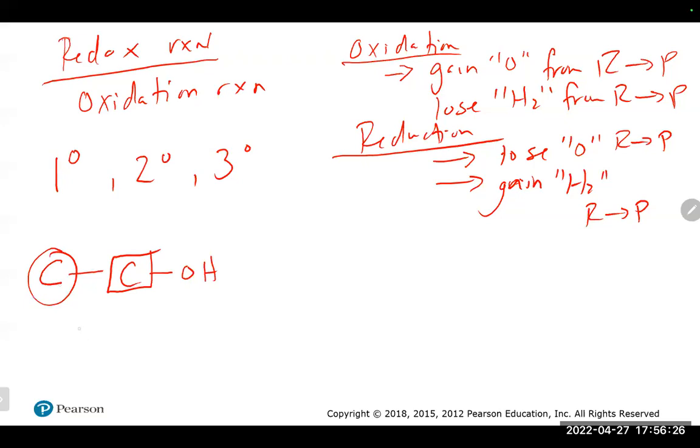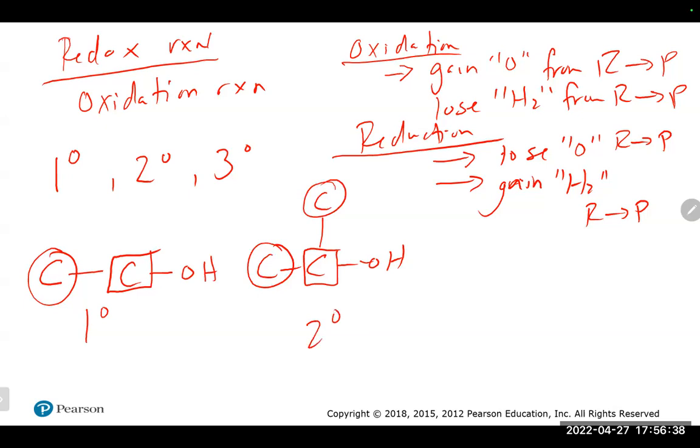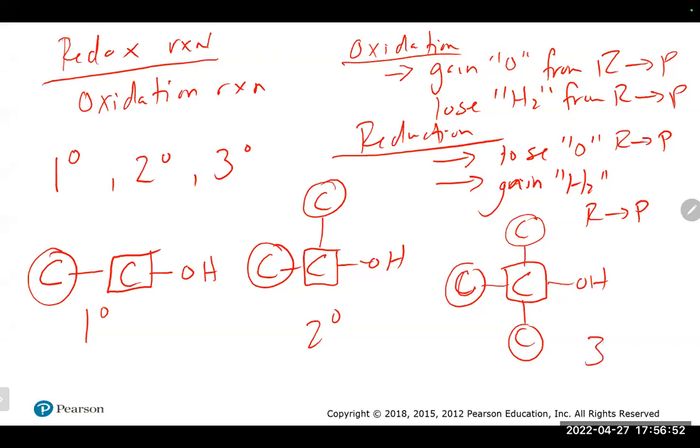In this case, this would be 1, which would be a primary alcohol. A carbon that has the OH group attached and has 2 carbons attached would be a secondary alcohol. And lastly, a carbon that has 3 carbons attached to it, I didn't draw all the other hydrogens in, obviously, so just carbons here, that would be your tertiary.